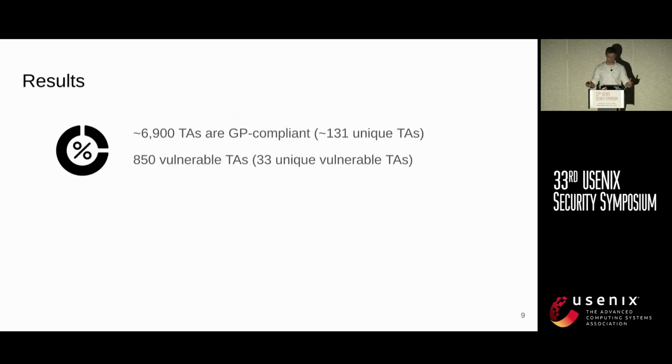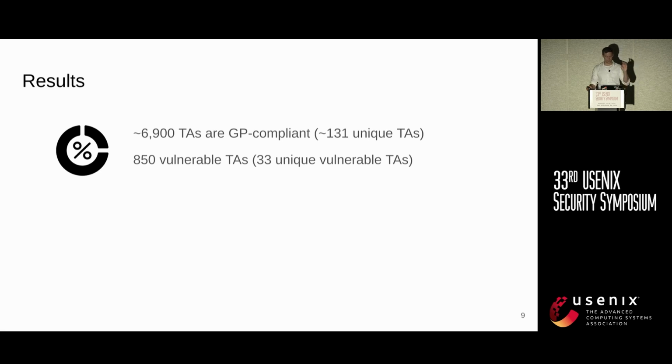So let's come to the results of this prevalence study. Out of the original corpus of trusted applications, we found that around 6,900 were actually Global Platform compliant, meaning that they implement these APIs, which are prone to this vulnerability pattern. And we discovered that 850 out of these were actually vulnerable.